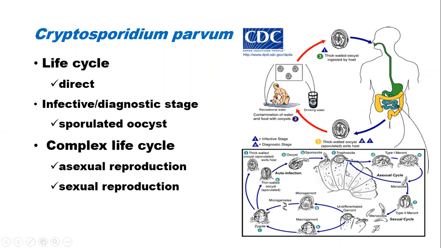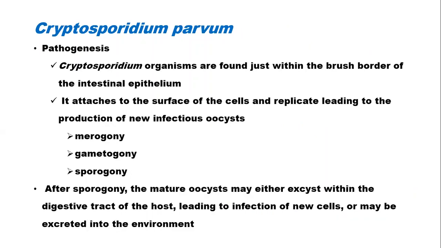So you can have autoinfection, or you can have infection perpetrated in the environment. Cryptosporidium organisms are found just within the brush border of the intestinal epithelium. It attaches to the surface of the cells and replicates, leading to production of new infectious oocysts.